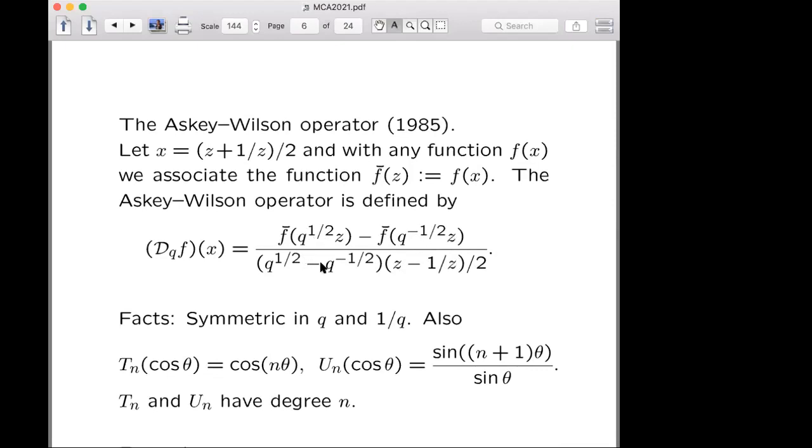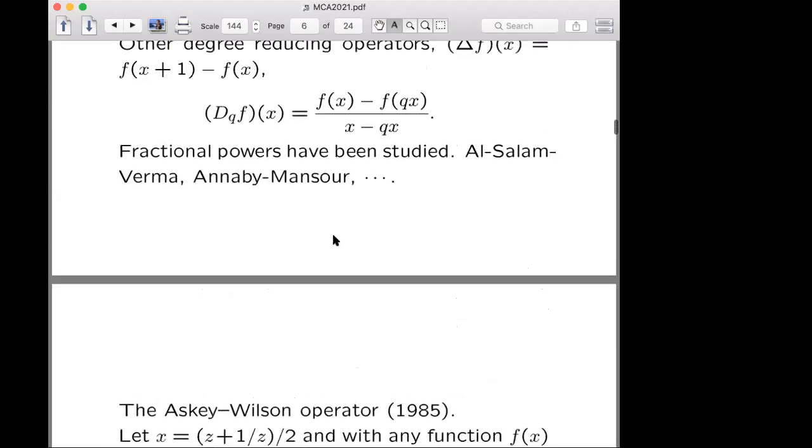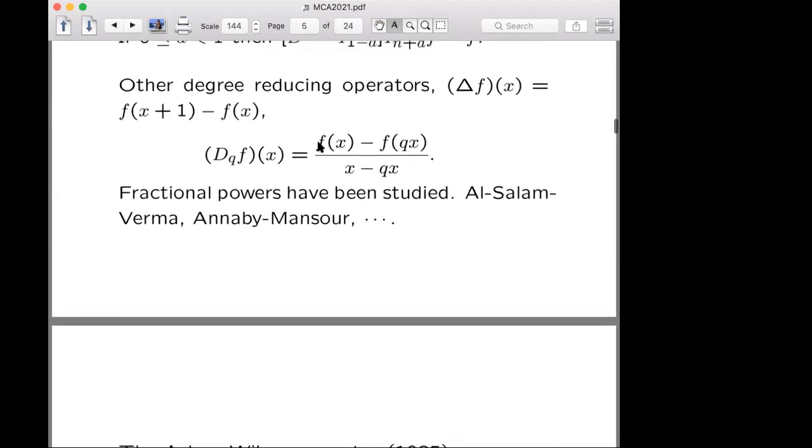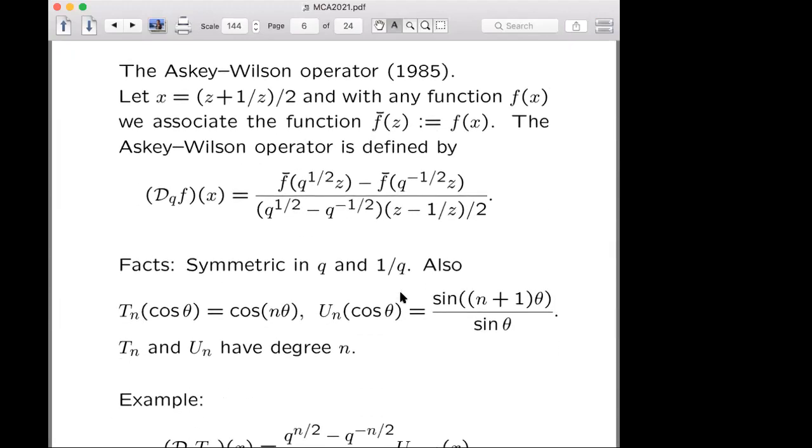So this is like delta F over delta X. Now, it's important here to notice that this is symmetric in Q and 1 over Q. This old operator is not. This one is not symmetric in Q and 1 over Q. This is. This may look a little bit awkward at the beginning, but it's really the correct one. It really is the nice one, the one that we should be looking at.